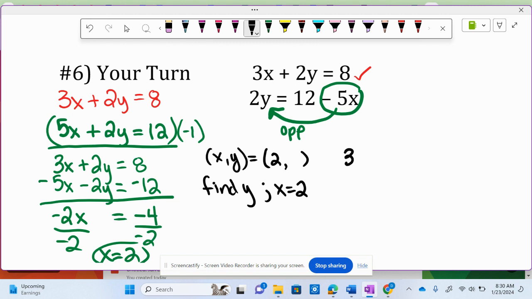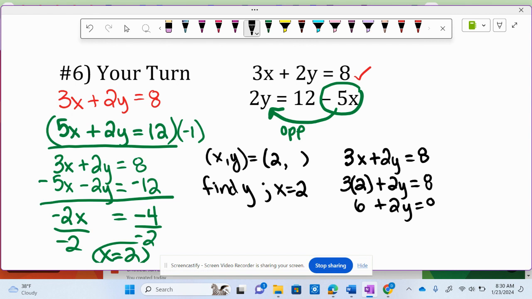So I'm going to use this equation, 3x plus 2y equals 8. And I'm going to replace my x with the number 2. Yeah, good job. 3 times 2 plus 2y equals 8. What is 3 times 2? 6. So 6 plus 2y equals 8.